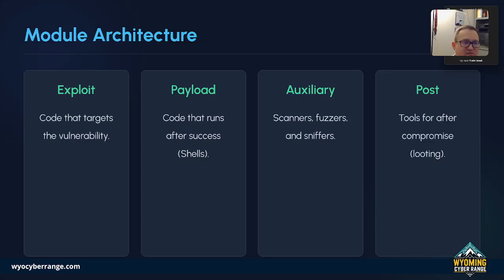We have other things too, in the auxiliary modules, such as scanners, fuzzers, and sniffers. These also help us identify which exploits or payloads we are allowed to use. And then we have post, which is tools for looting and maintaining access after compromise. This is where we can also gain persistence.